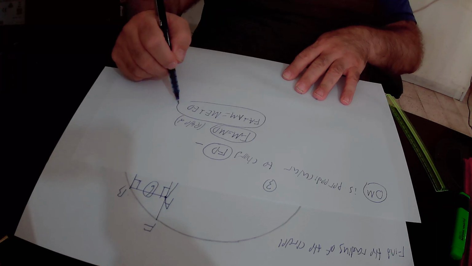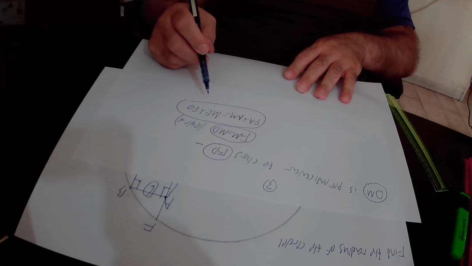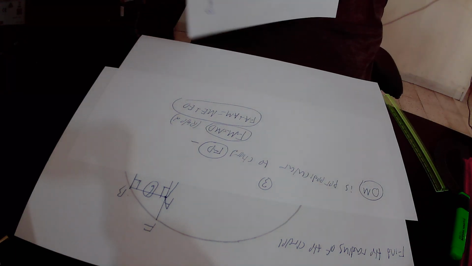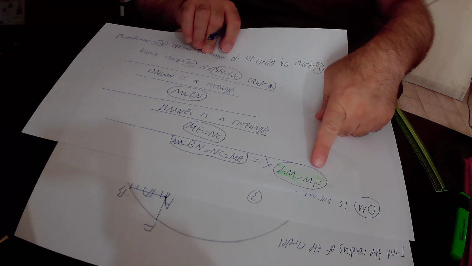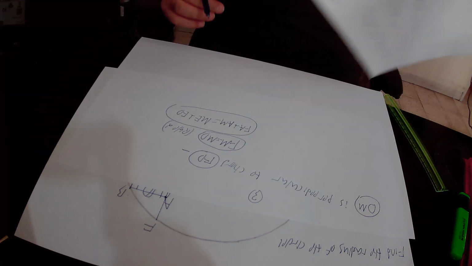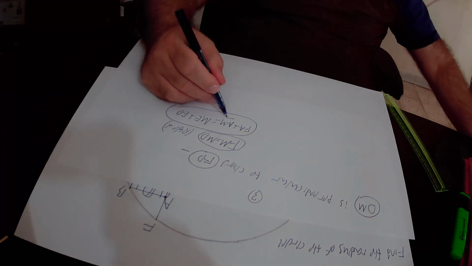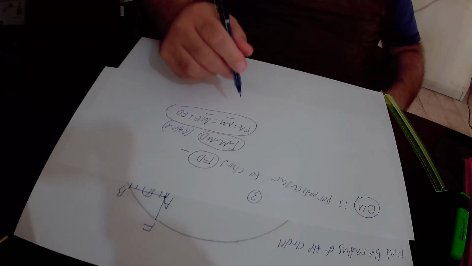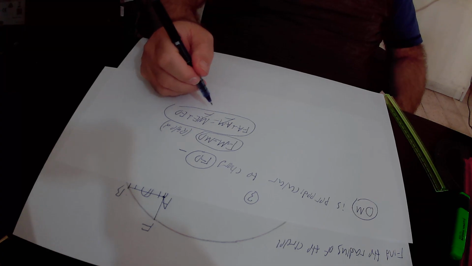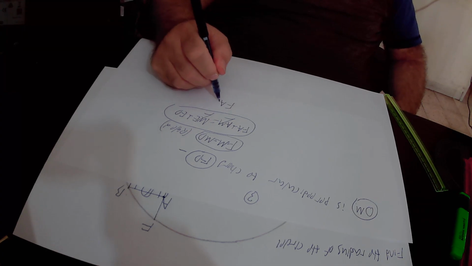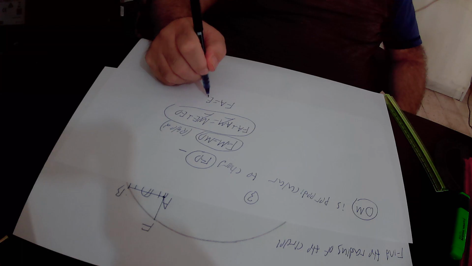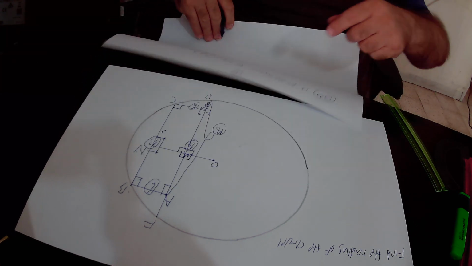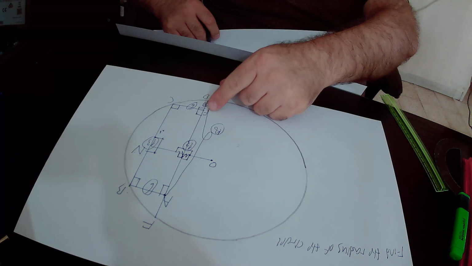So we actually found out that FA plus AM equals ME plus ED. But we have already found out that AM equals ME. Because those two line segments are equal to each other, we can cancel them out and we are left only with FA equals ED.